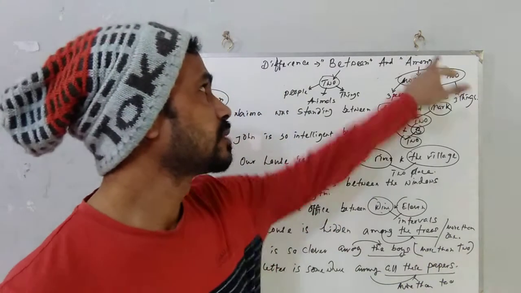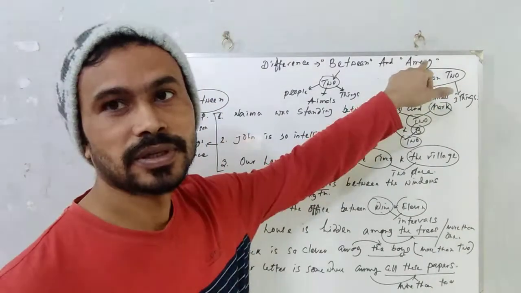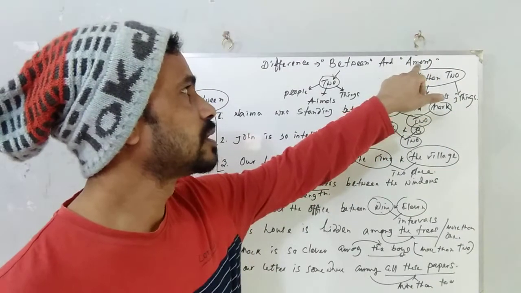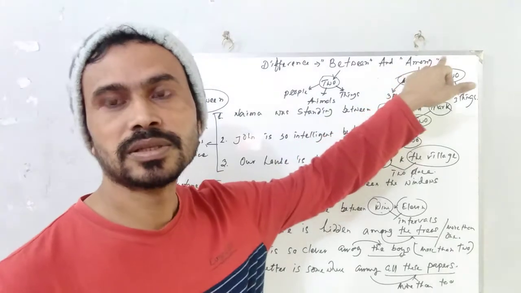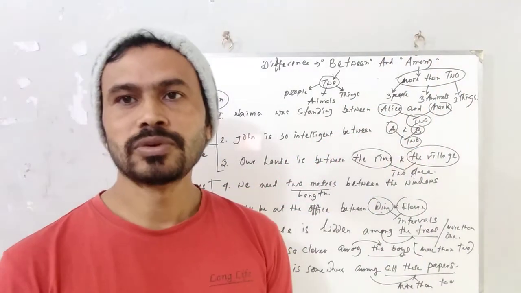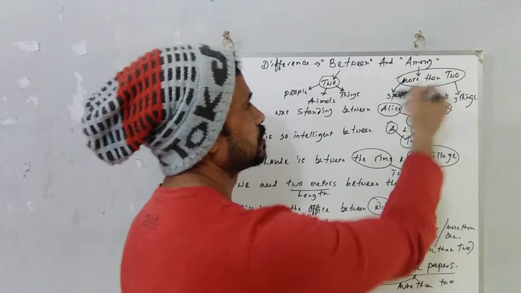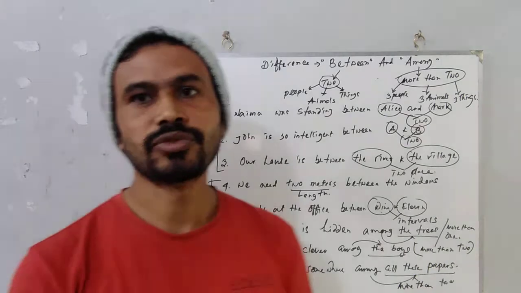Next word. I wrote here, my friends, so that you can understand properly. Among means, as I have told you already, more than 2: 3 people, 3 animals, and 3 things.